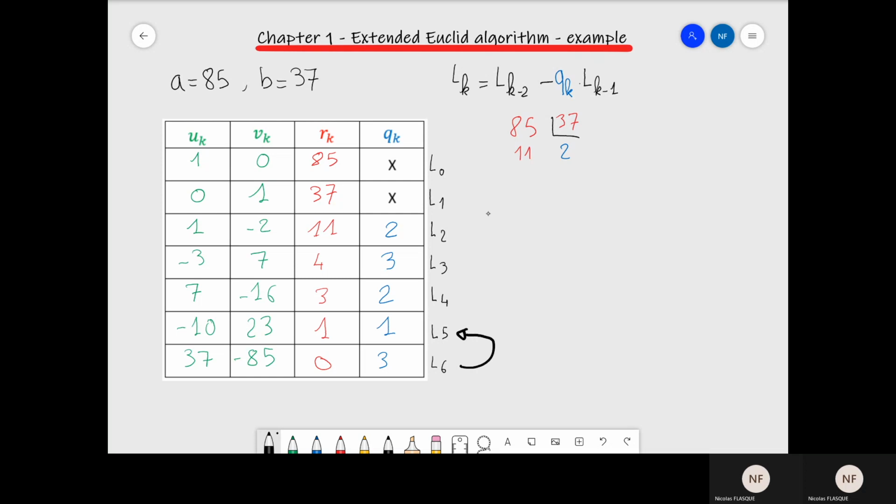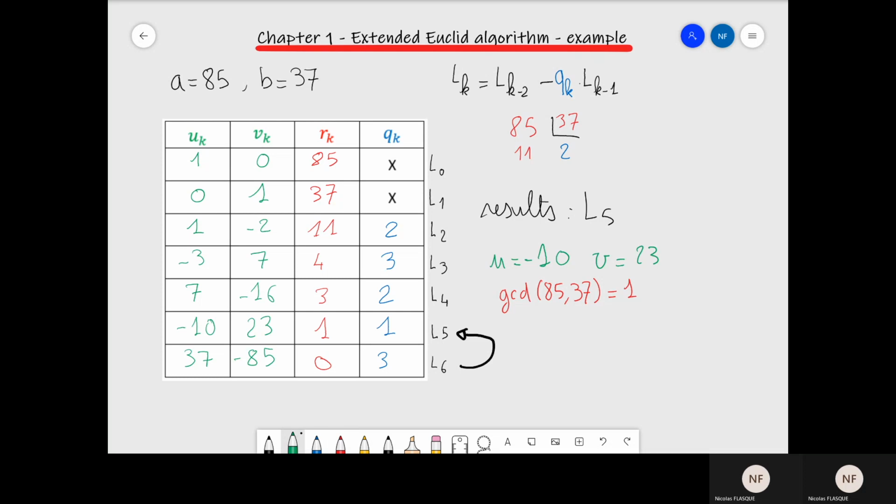So we have the results that appear on line 5, where U is equal to minus 10, V is equal to 23, and we also know that the GCD of 85 and 37, which is in the hierarchy column, is equal to 1.